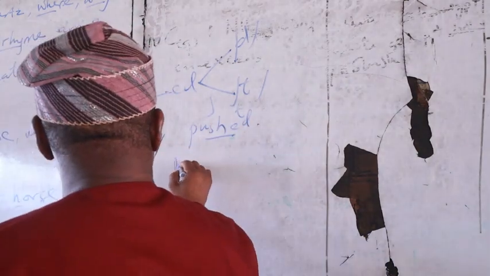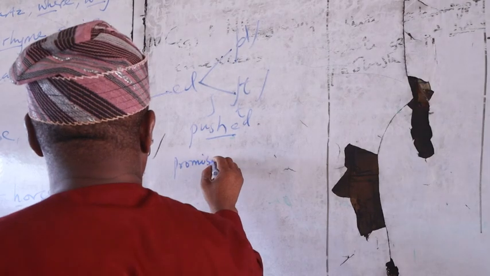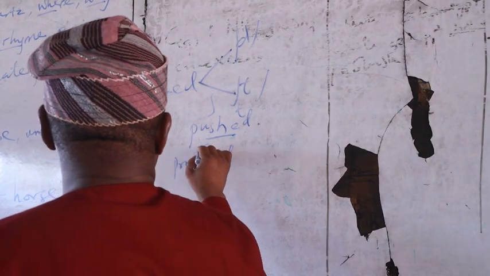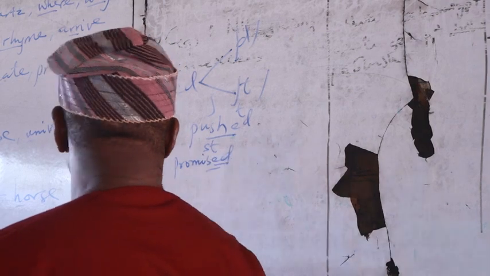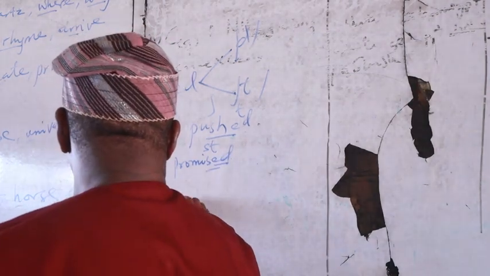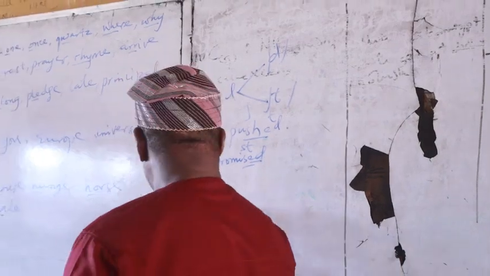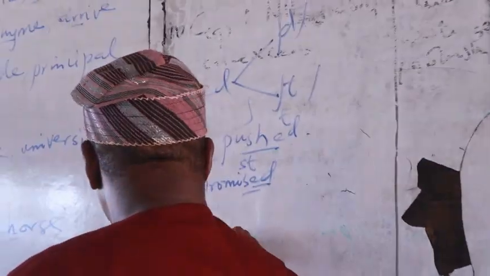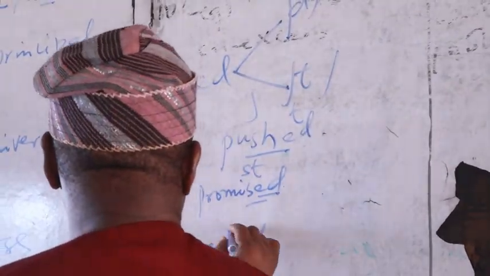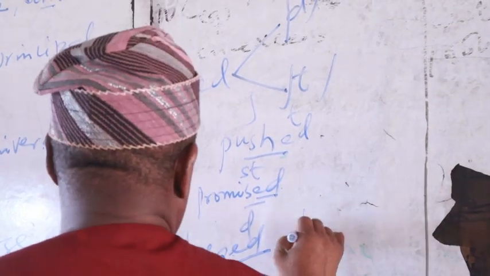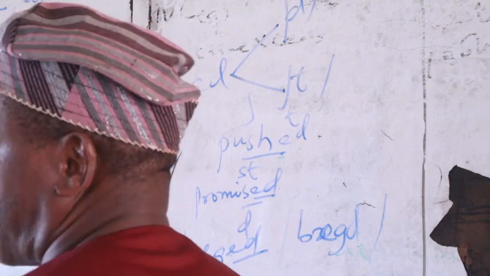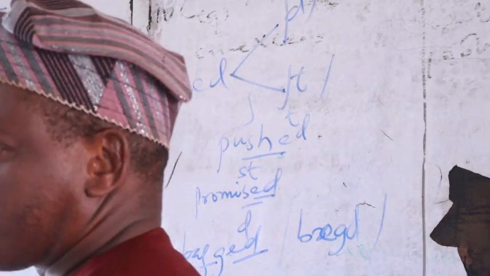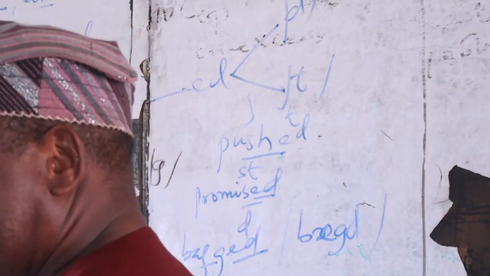In the case of promised, the S sound is voiceless. ED therefore is what? T. But consider the case of a bag. G is voiced. If I now add ED, it is going to be D. So, bagged, promised, pushed, laughed. Is that clear?